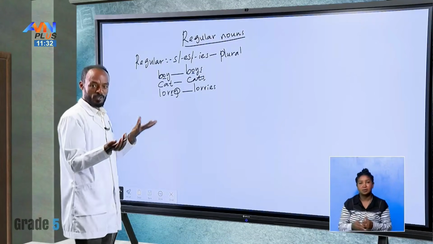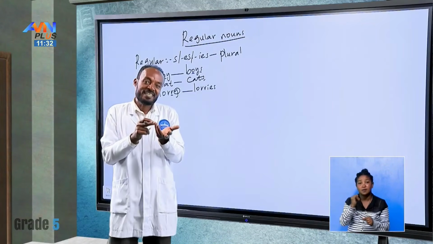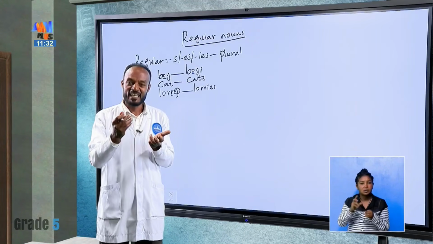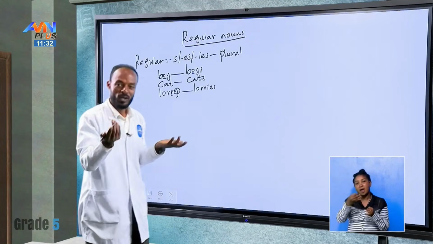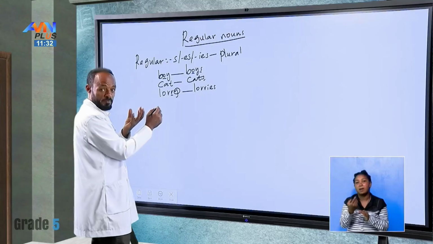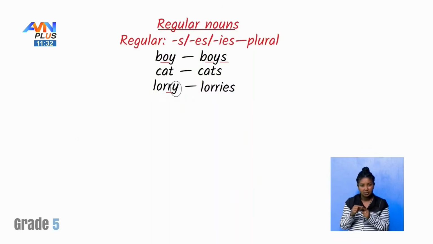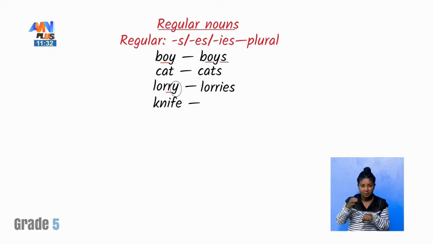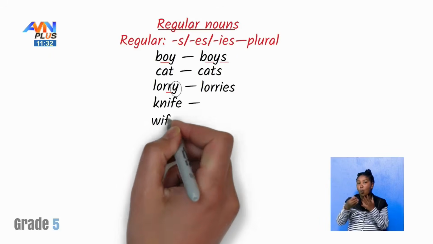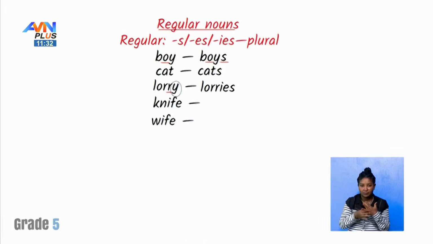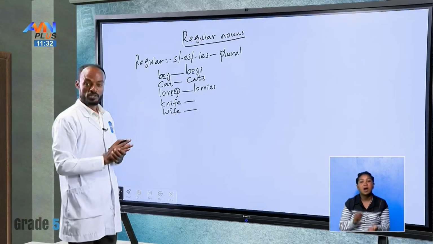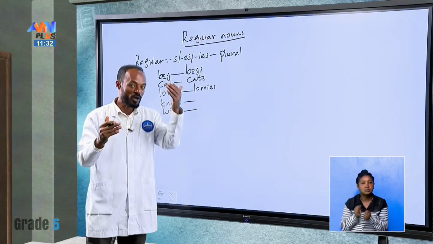Okay, let's go to another point. If it is ended in F or if it is ended in FE, what will happen there? For example, the word knife, wife. How can we turn this one into their plural forms?